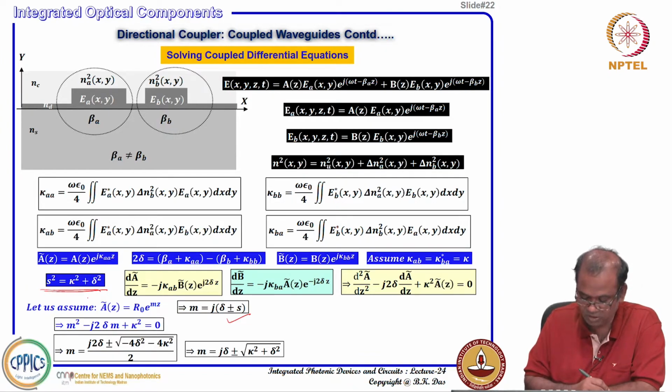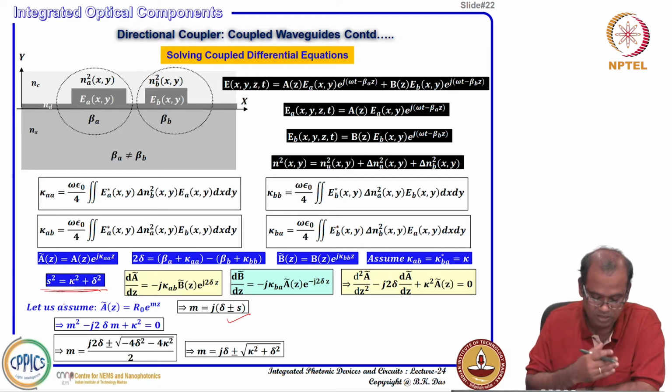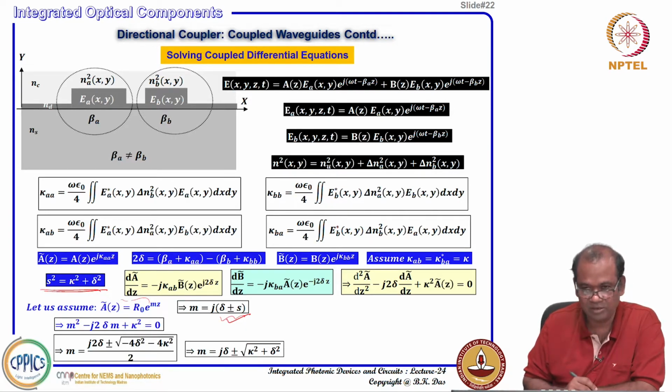Kappa square plus delta square is a positive value, and the square root, whatever you are getting, is related by s square. So, basically s depends on kappa and delta in this square form. One axis is kappa, another axis is delta, so diagonally it is s. That way you can represent it. Now, this m value can be two different values, that is imaginary, complex.